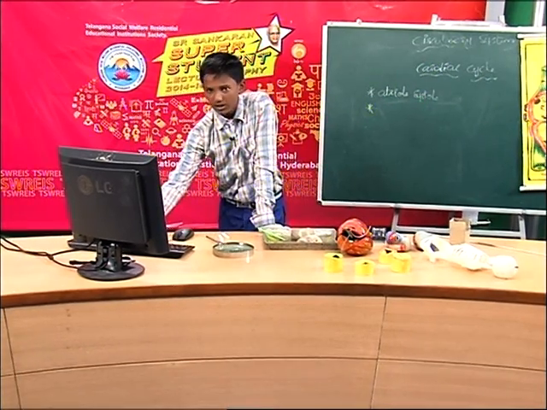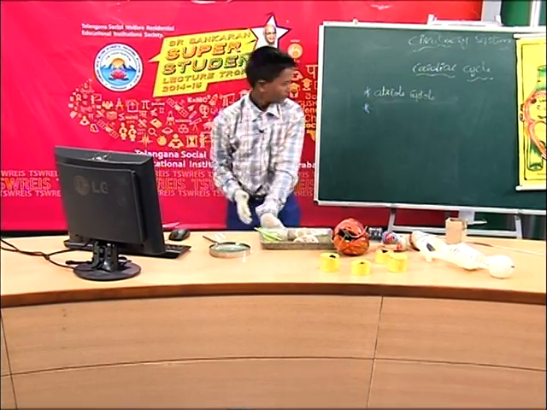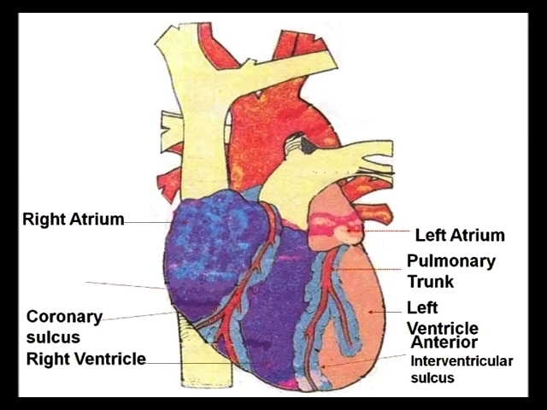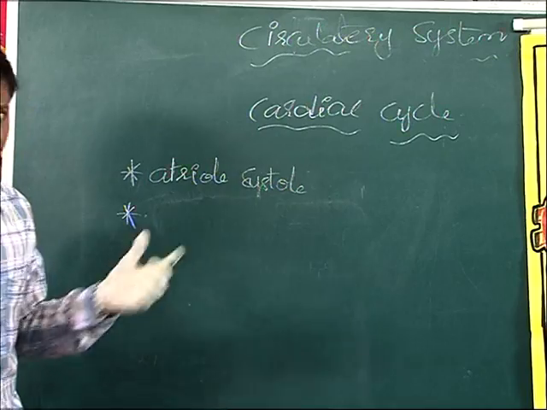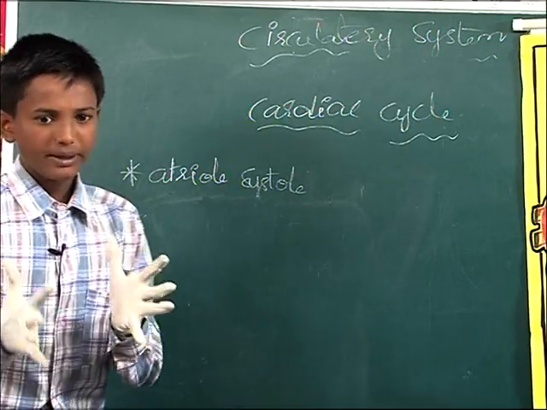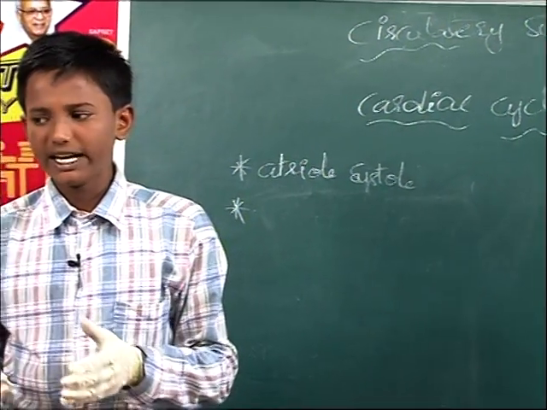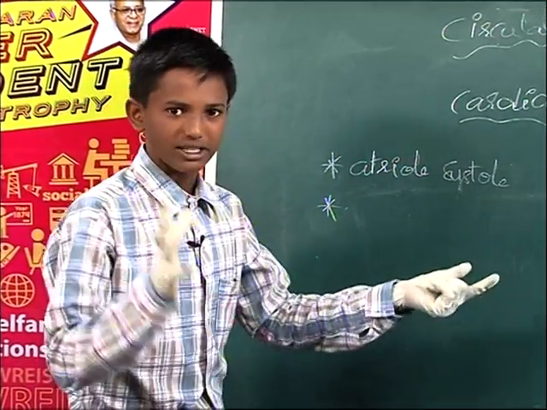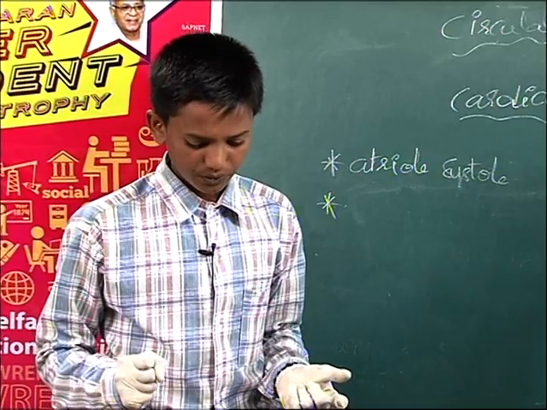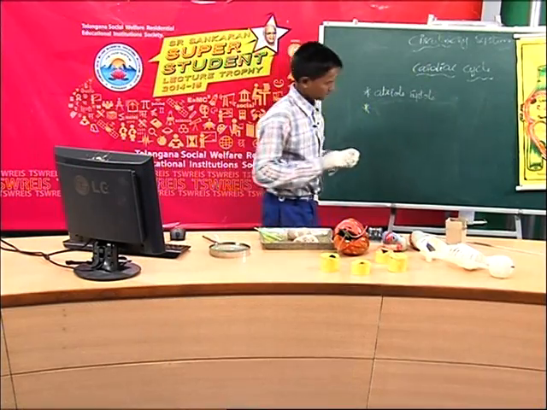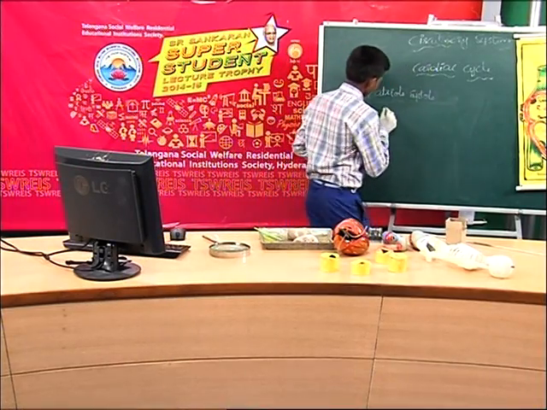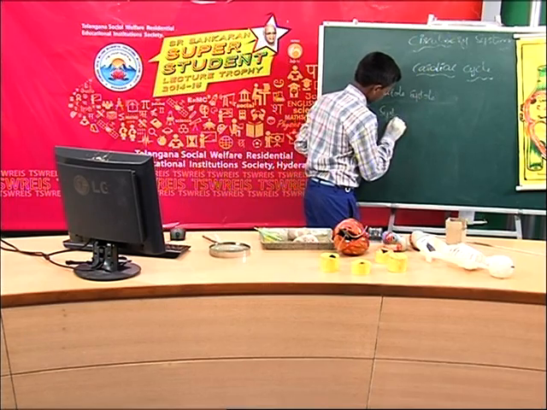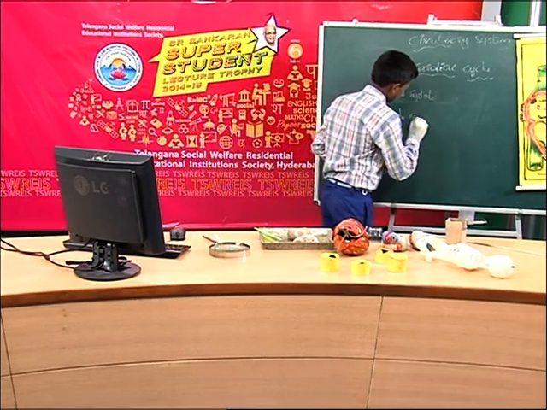So, Tswreis, now we see the atrial systole. Here the atrial systole is, that means the contraction of both the atria. So, Tswreis, systole means contraction.